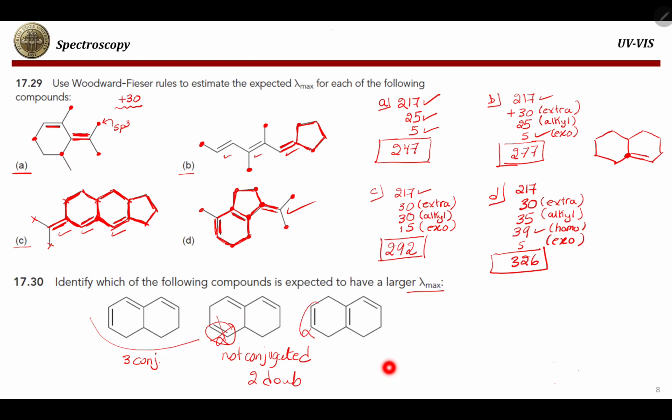The same thing applies here: this one is not conjugated, so you just have 2 double bonds. You already know that the more conjugated double bonds we have, the higher the lambda max will be. So without calculation, this one is going to have the higher lambda max, because it has 3 conjugated double bonds. And even if you calculate it, you will get the same answer.